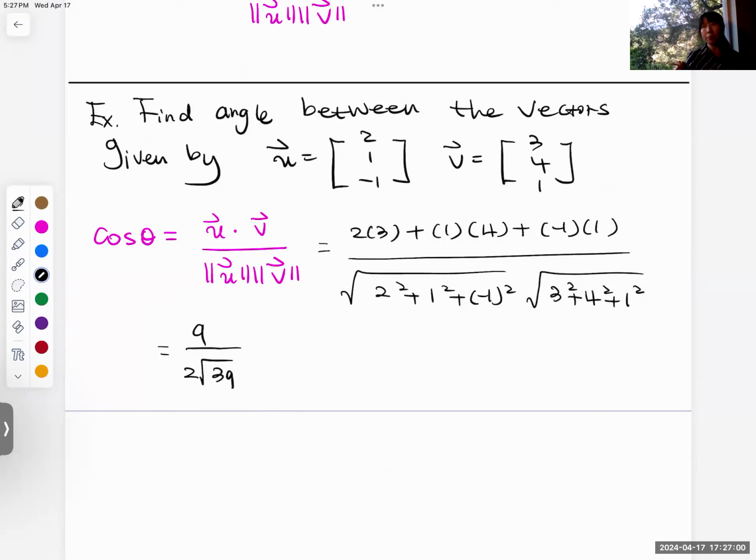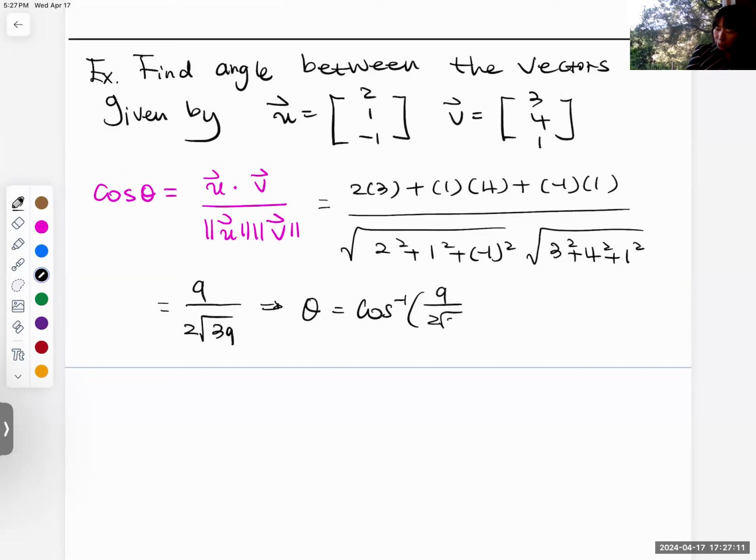Okay, then theta will be inverse of cosine 9 over 2 square root of 39. Can you please approximate as radians?